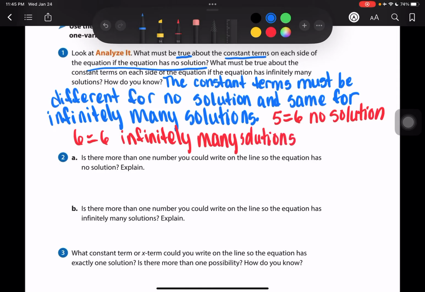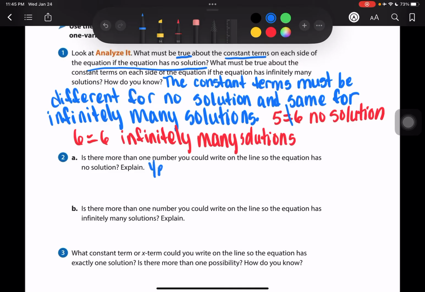And remember, I never like to write 5 equals 6 because I know 5 does not equal 6. That means no solution. All right? Let's look at number 2. Is there more than one number you could write on the line so the equation has no solution?